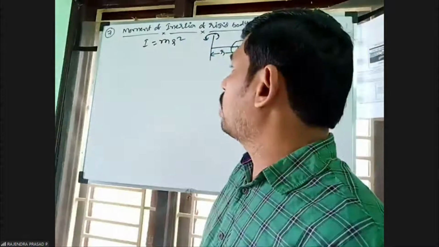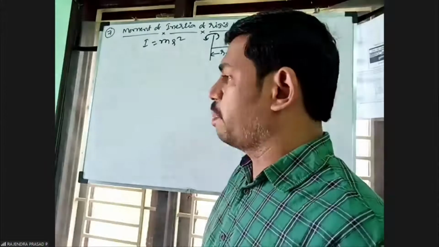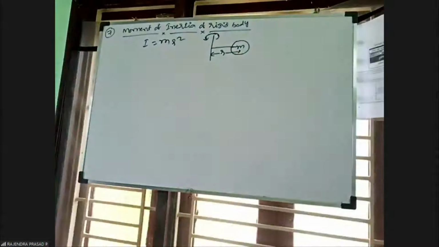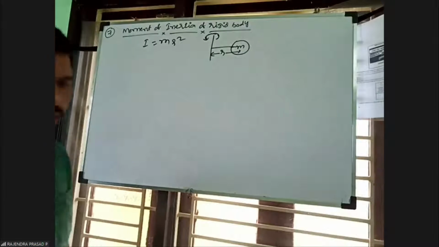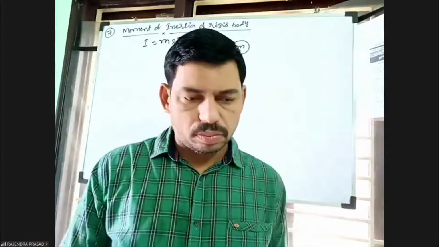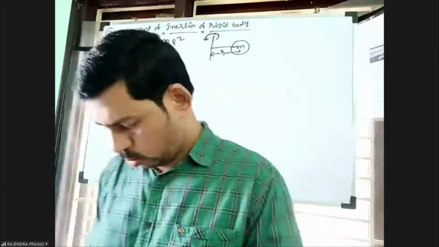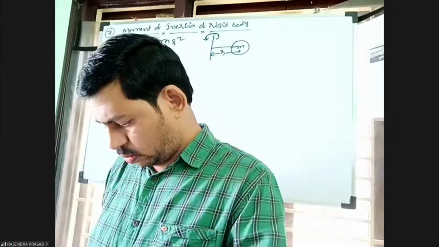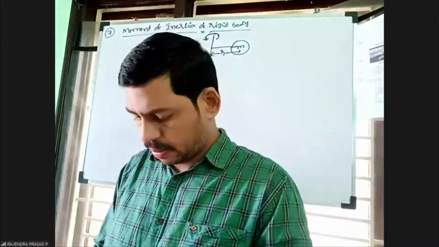The product of mass of the particle and the square of the perpendicular distance from axis of rotation is called moment of inertia. It is denoted by I.